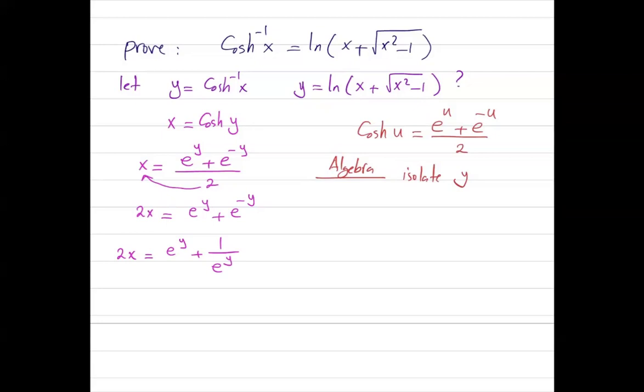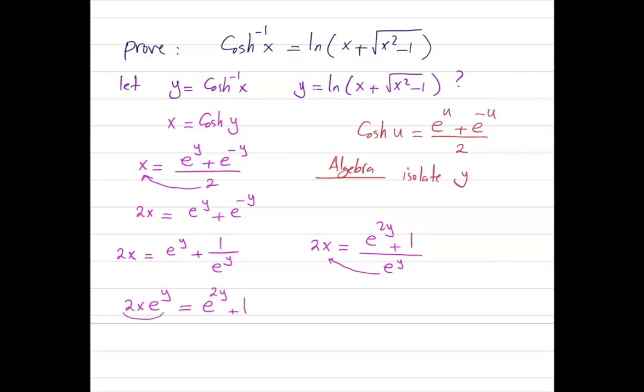Very good. So 2x can be written as e to power 2y plus 1 divided by e to power y. Now multiply e to power y and 2x. 2x e to power y is equal to e to power 2y plus 1.